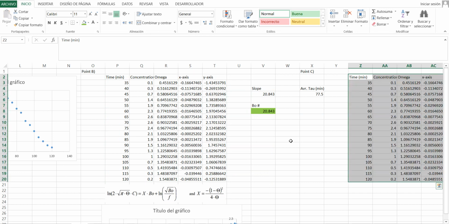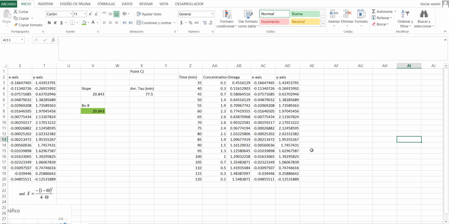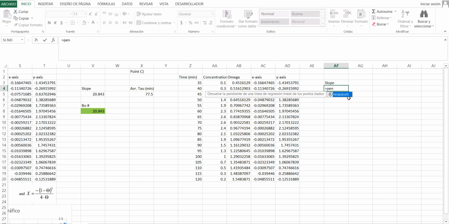Okay, so what are we going to do? To solve this type of problem, we need several data from this linear regression. We need the slope. So let's calculate first the slope. We use the Excel predetermined function to obtain the slope of a function.